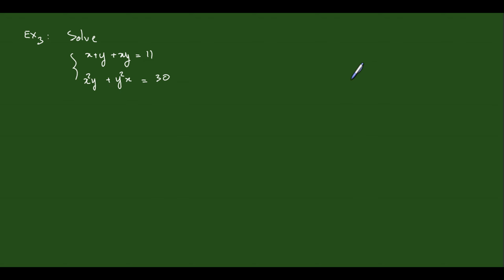You can use substitution and elimination for this too. However, just think about it. You cannot add or subtract these two equations together to simplify, because it is xy and xy squared. There's no way you can do it.